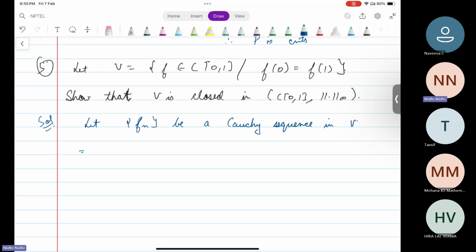This implies the norm of f_n minus f_m goes to 0 as n, m tends to infinity.